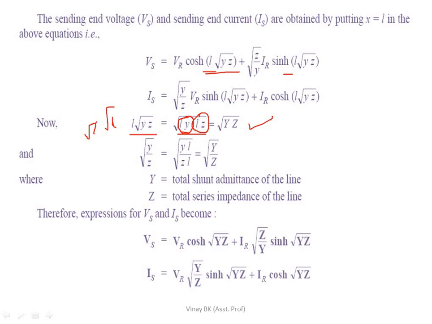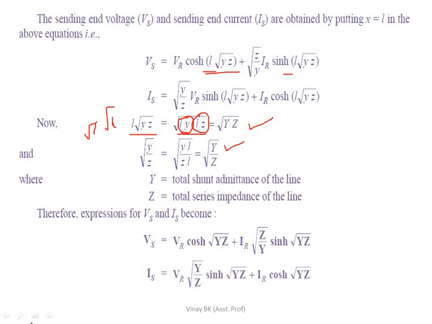Similarly, how can you write square root of y divided by z? I can rewrite this as square root of y into L divided by square root of z into L, which gives square root of y divided by z.